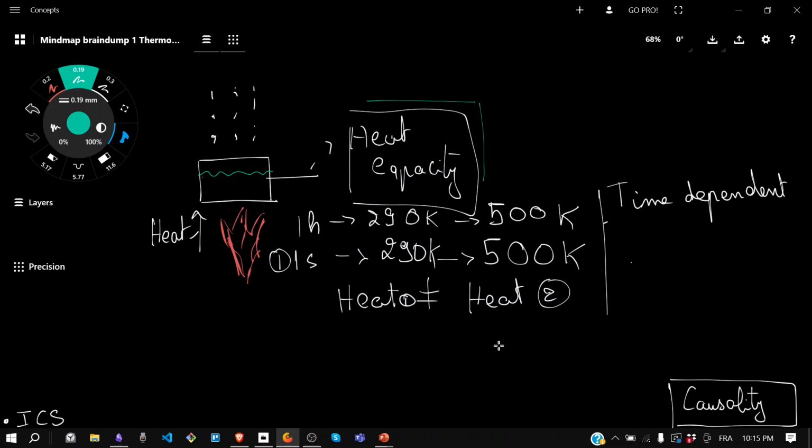So it's the amount of energy to evaporate liquid water. So it's an amount of energy.